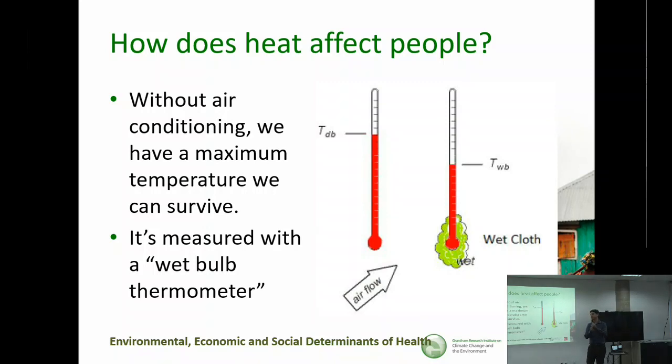And what this does is it allows the thermometer to sweat. There's naturally going to be some amount of evaporation that's going to cool the thermometer, and the temperature that thermometer then reads is going to be the temperature that your body can reduce its heat to, as long as it has water enough to sweat.